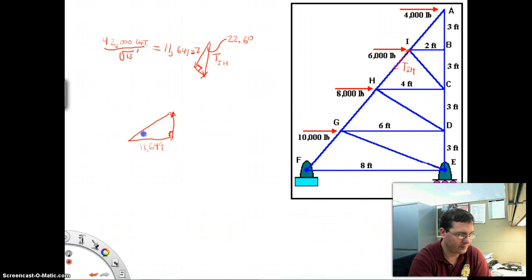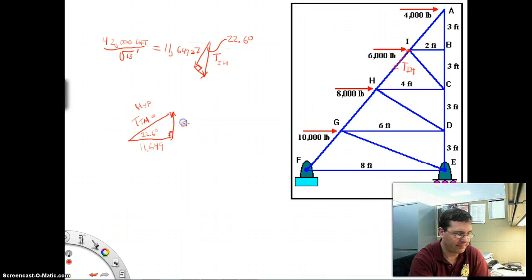This angle here, 22.6 degrees. And if you think about it, the tension in IH is the hypotenuse, right? So I'm trying to relate the side of a triangle that I know and the hypotenuse, right? So we could label this side hypotenuse.